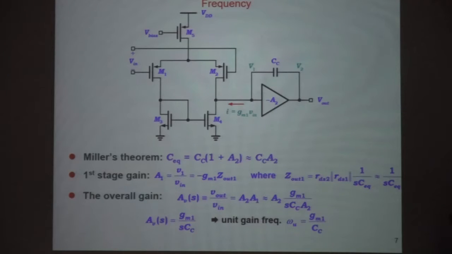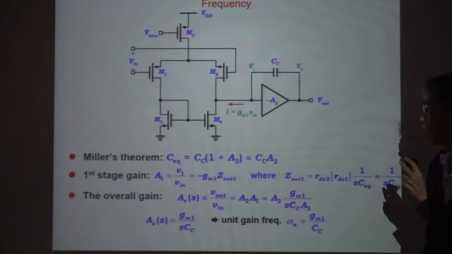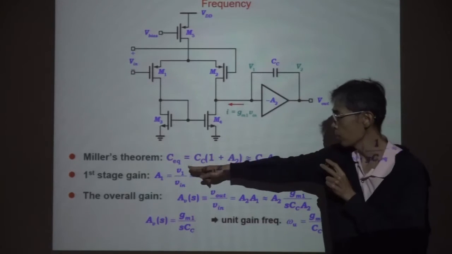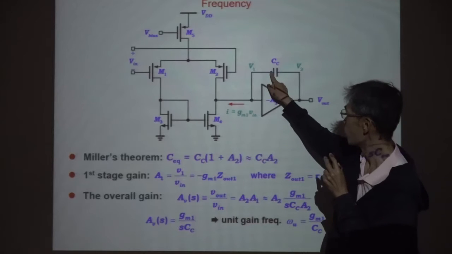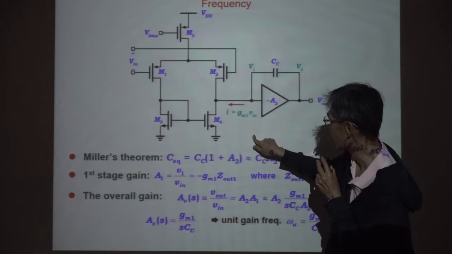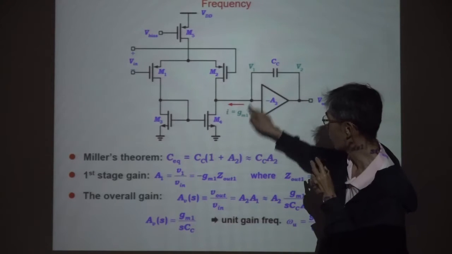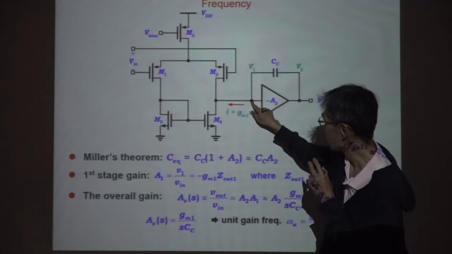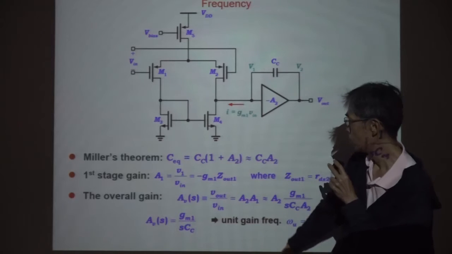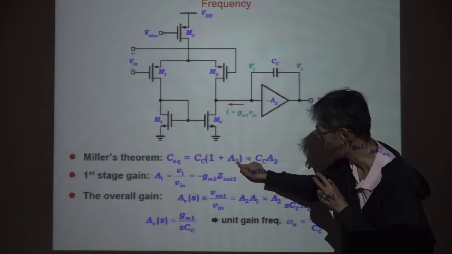And frequency response. We need to consider the capacitance. So this C, we can use Miller theorem. So we can put this one. Think we have a capacitance here, another capacitance here. And for this one, at this node, is CC times 1 minus the amplification ratio.